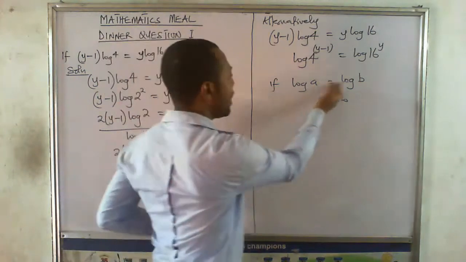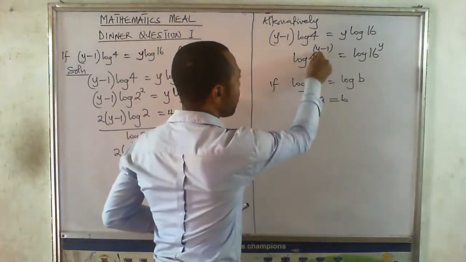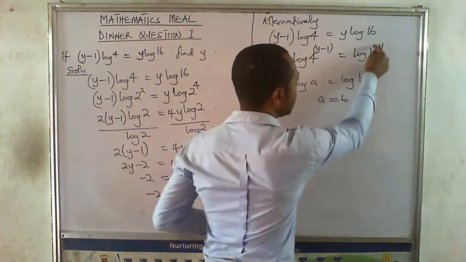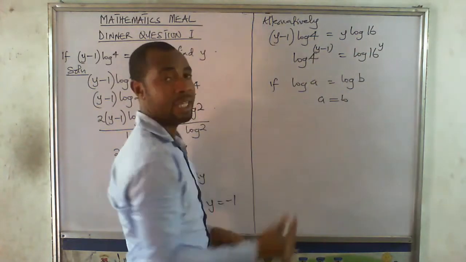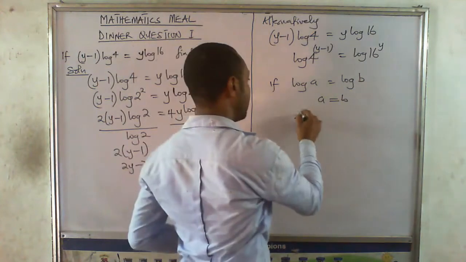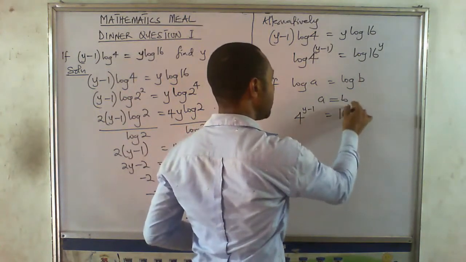So if log A is equal to log B, then A and B must be equal. Applying that principle, we have that 4 raised to power y minus 1 is equal to 16 raised to power y.